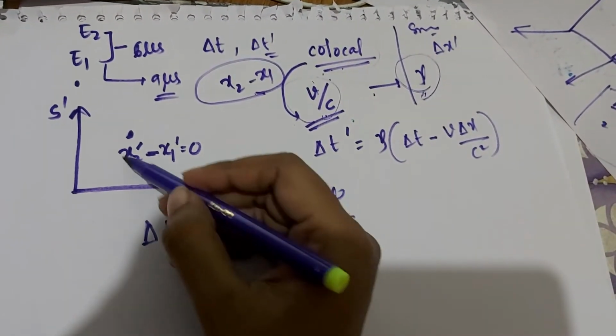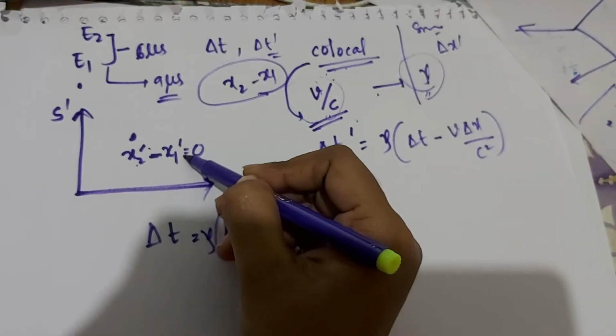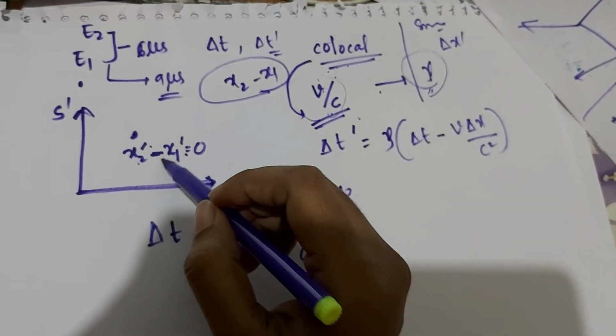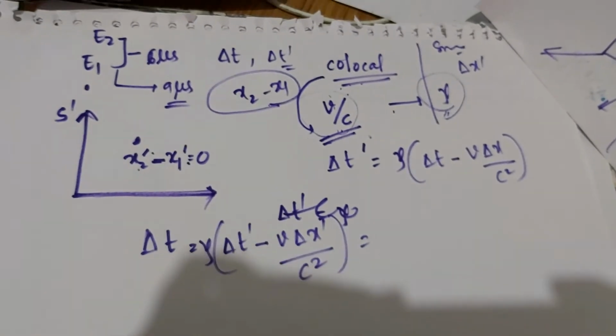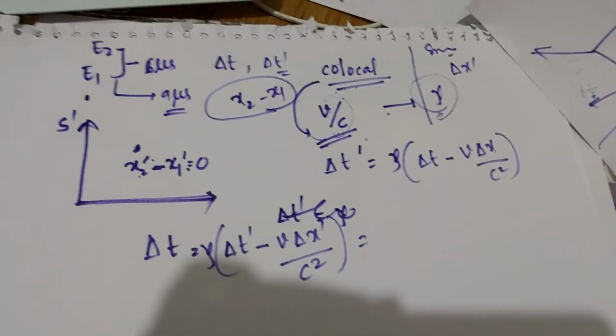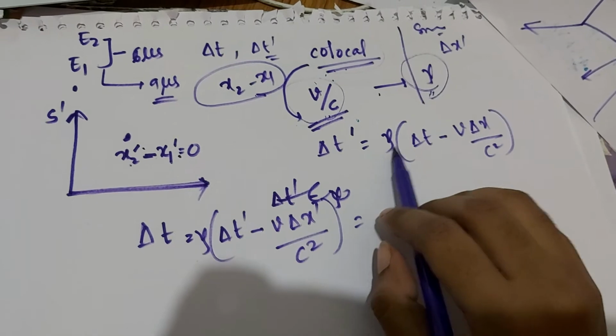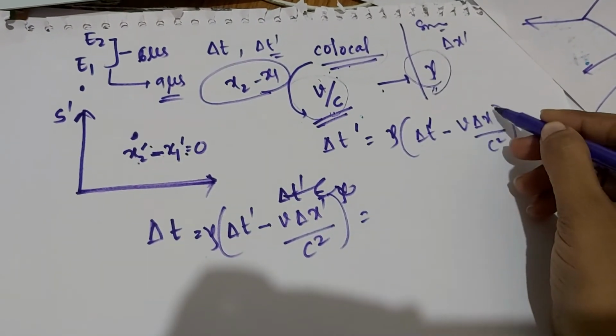This also we can take depending on whether you are taking x2 or x1. If I take x2' minus x1', so I am taking Δt equal to γ(Δt' + vΔx').